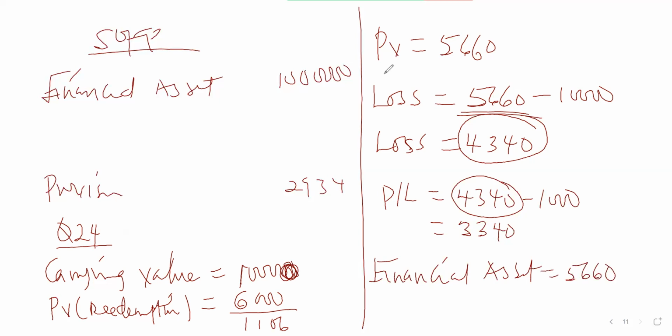So in the subsequent year, which is the third, which is the final year, our finance income will now be calculated on this amount. So the finance income will now be 0.06 times 5660.